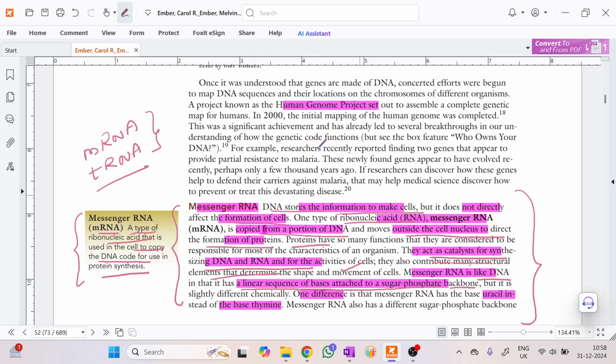The phosphodiester backbone and the bases are there, just that one of the bases, uracil, replaces another base, thymine, which is present in DNA. So in the case of RNA, adenine binds with uracil, then C and G, and the whole chain goes on like that.